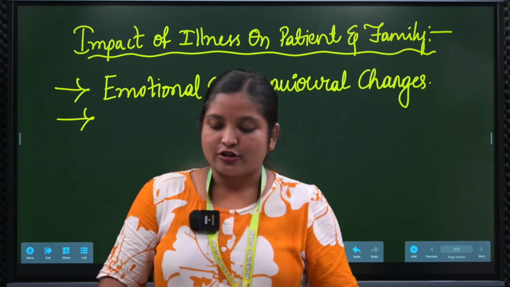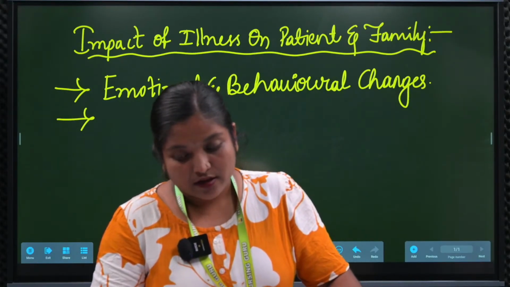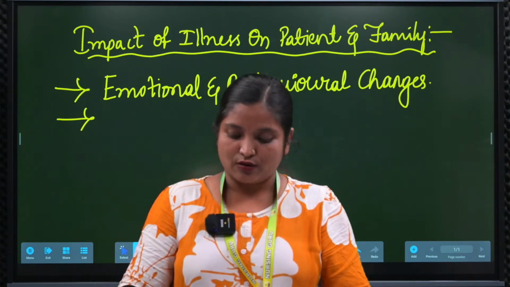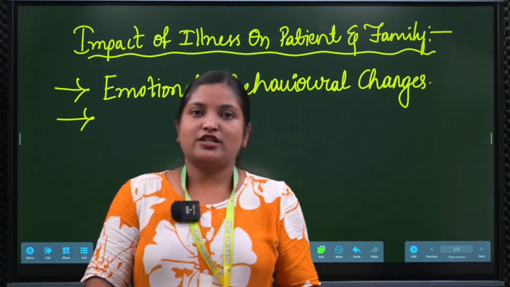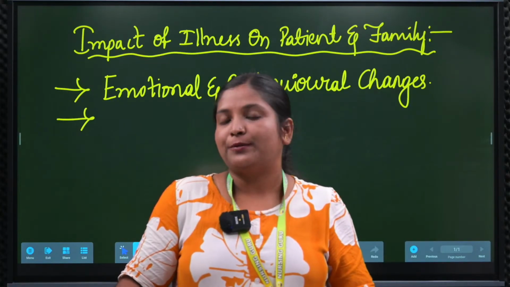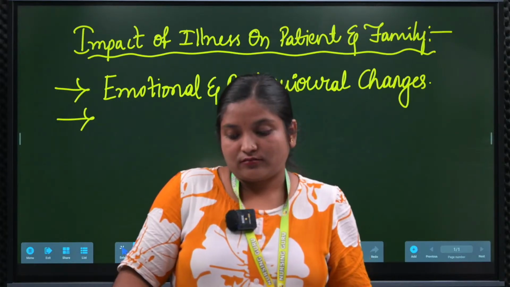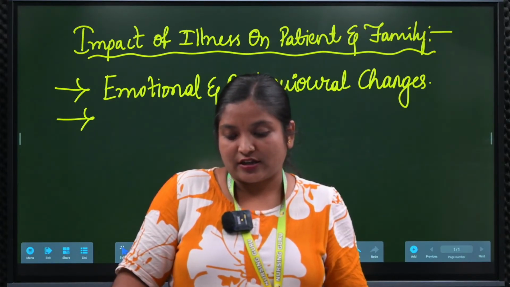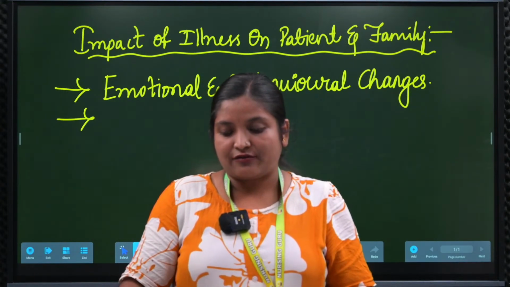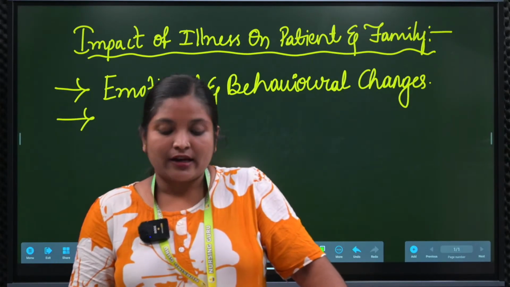If it is a short term change, they will accept it readily, but when it is a permanent change such as amputation, any kind of change in his body that he has to adapt to, there may be a chance of a reaction in phases such as shock, withdrawal, acknowledgement, acceptance, and finally rehabilitation. These are the kinds of impacts that occur.